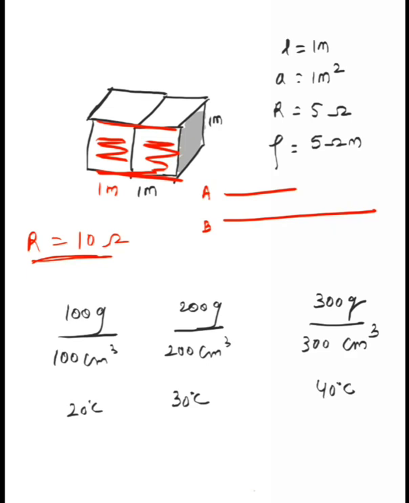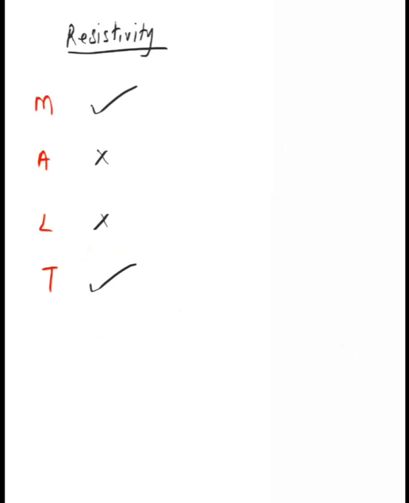Okay. So guys, now we had done 4 factors affecting the resistance. What were those 4 factors? But now out of these, 2 factors don't affect resistivity. Which are those 2 factors which don't affect resistivity? Area and the length. They do not affect resistivity at all. In fact, the factors which affect it are material and temperature.